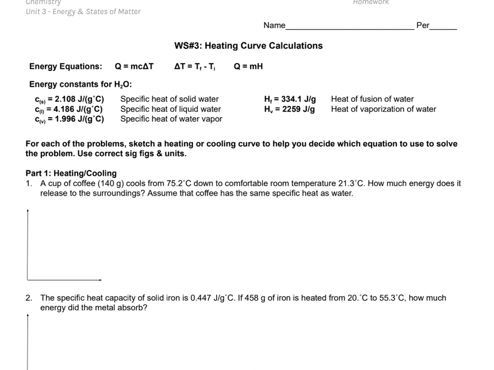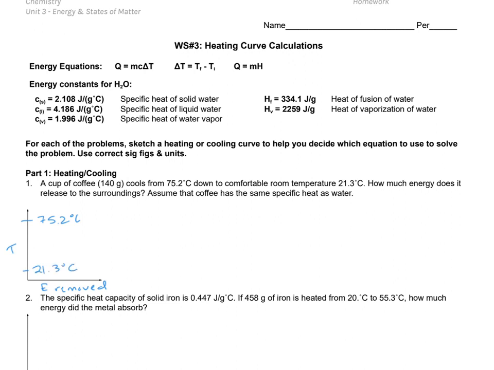So on our picture, the y-axis is the temperature, and the x-axis is the energy. In this case, the energy, because we're cooling it down, is going to be the energy that is removed from our system. And we are starting at 75.2 degrees Celsius, and we are ending at 21.3 degrees Celsius.